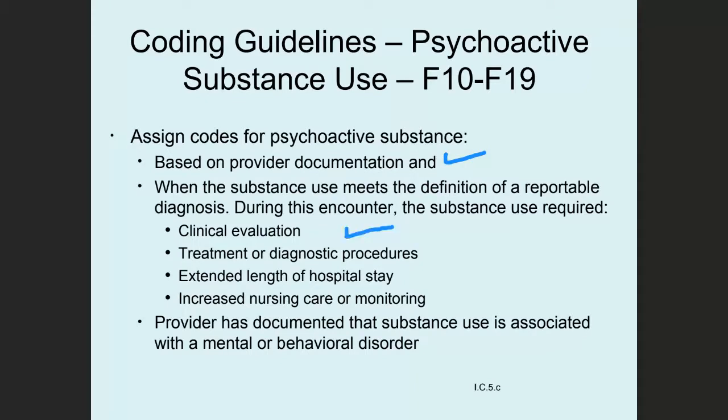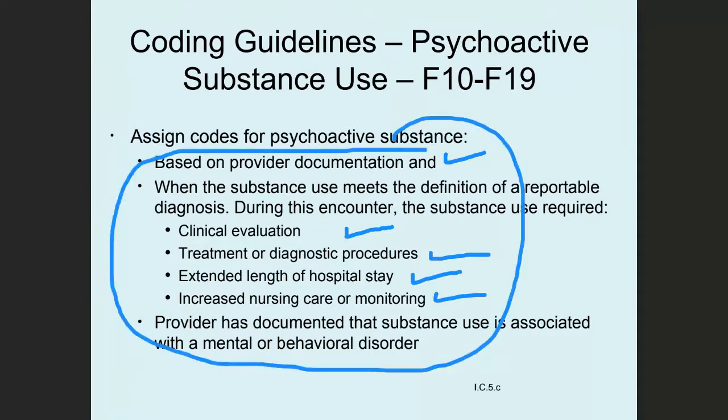Substance required clinical evaluation, treatment, diagnostic procedures, extends the length of hospital stay, and cause increased nursing care or monitoring. And the provider must have documented the substance use is associated with a mental or behavioral disorder. So all of these must be true before you can use these codes.